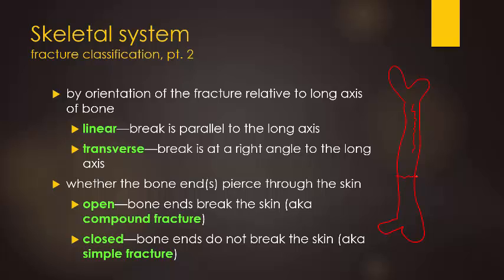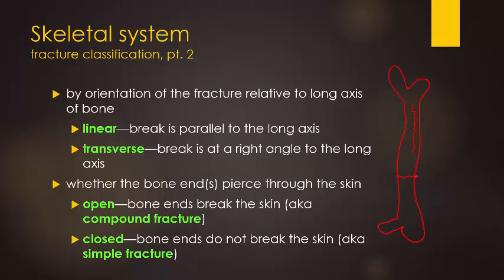If the bone ends pierce through the skin, then we talk about that as an open fracture, also known back in the good old days as a compound fracture, while those where the bone ends remain inside the skin, so they don't project from the skin, will be a closed fracture, also known as a simple fracture. But open and closed are more common terms nowadays.